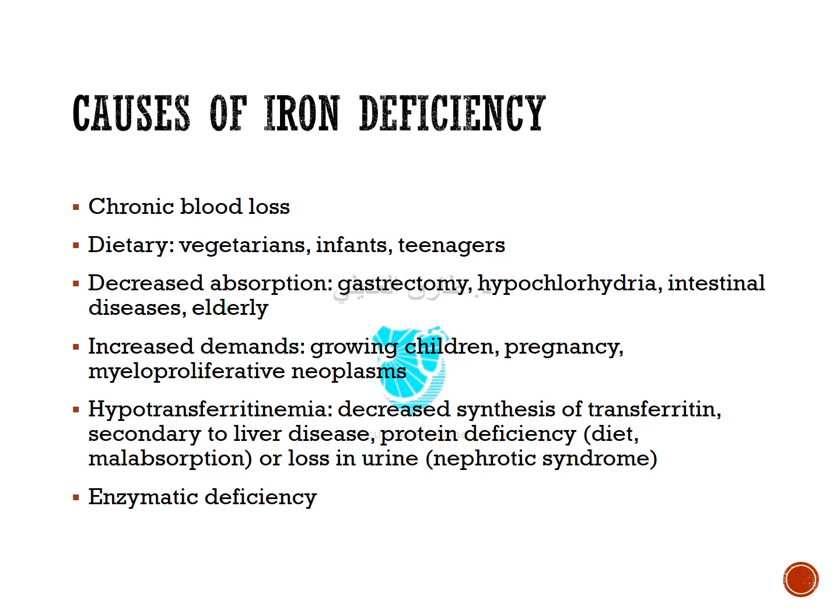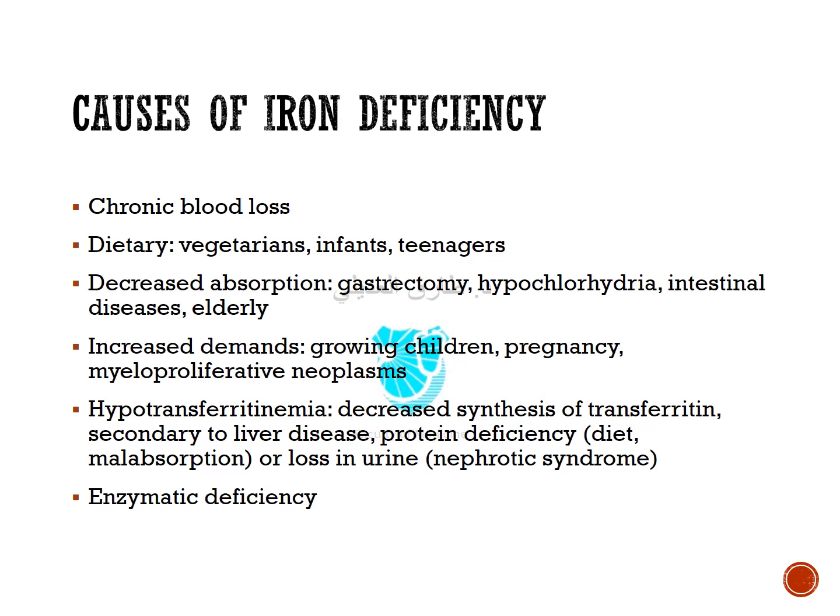Another situation is called hypochlorhydria. This is an acquired disease where there is destruction of the parietal cells and not enough acid in the stomach, and thus the patient will have iron deficiency.